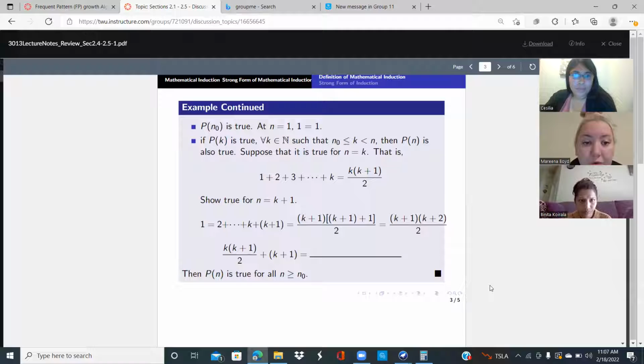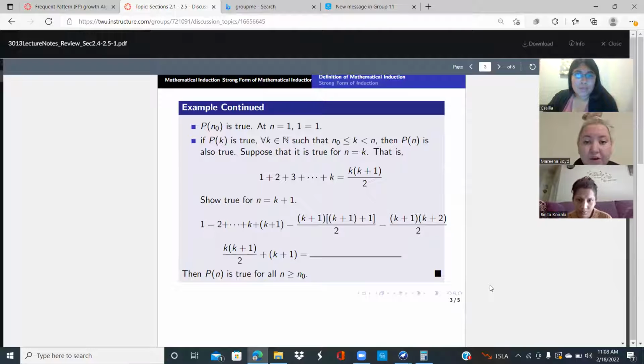Okay, so P of n sub 0 is true at n equals 1, that is, 1 equals 1. If P of k is true, for all k an element of n such that k is greater than or equal to n sub 0, then P of n is also true.